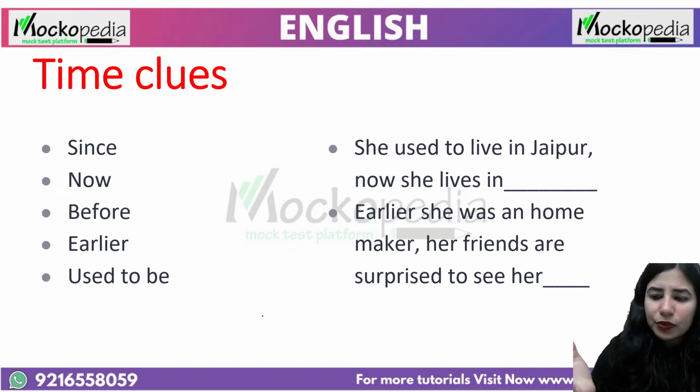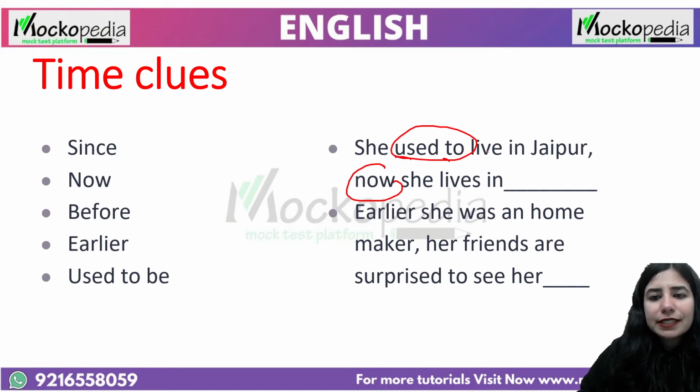So, you can see these words again, very familiar words: since, now, before, earlier, used to be. So, you can see these are simple words. All you need to do is observe them when you encounter them. Like, let's see the usage, maybe this will bring more clarity. She used to live in Jaipur, now she lives in. So, are you able to see used to and now?